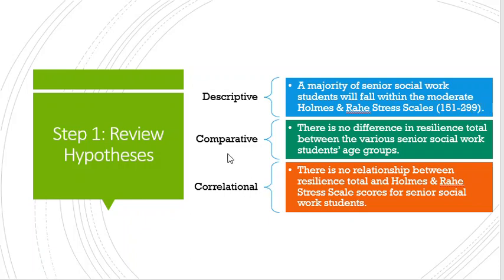The comparative would be there is no difference in resilience total between the various senior social work students' age groups. In the last hypothesis, a correlation, there is no relationship between the resilience total and the Holmes and Rahe stress scale scores for senior social work students. So looking at these three hypotheses is what we had for our study that you've been working on in Excel.